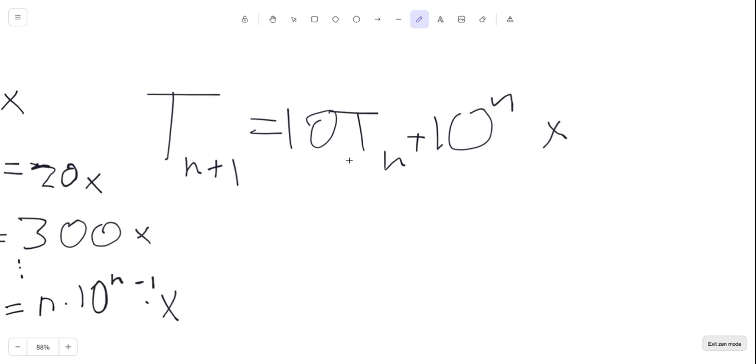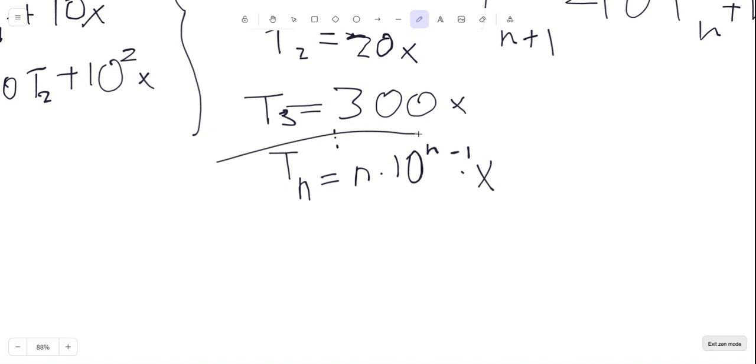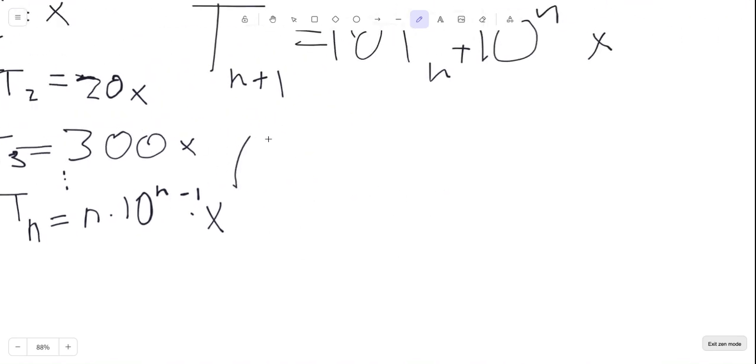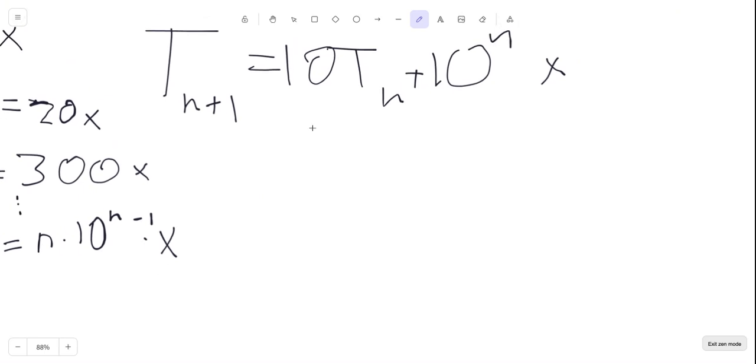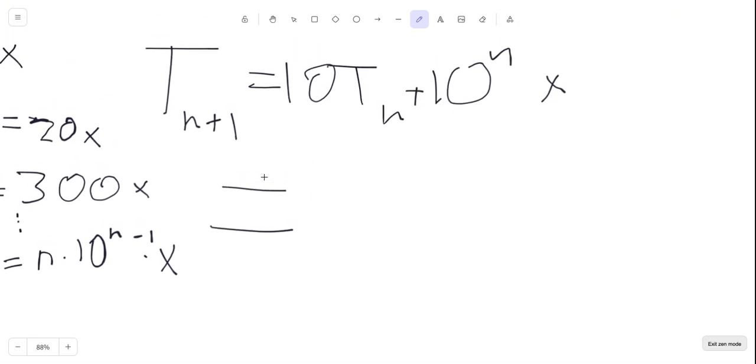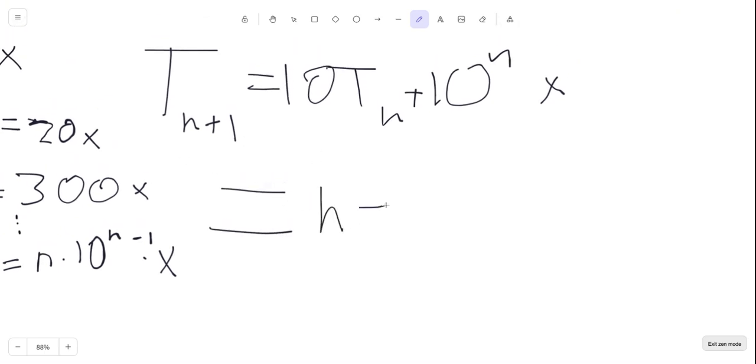So if this is true, it can only be true if t n plus 1 is equal to n plus 1 times 10 to the n x. That's our goal.